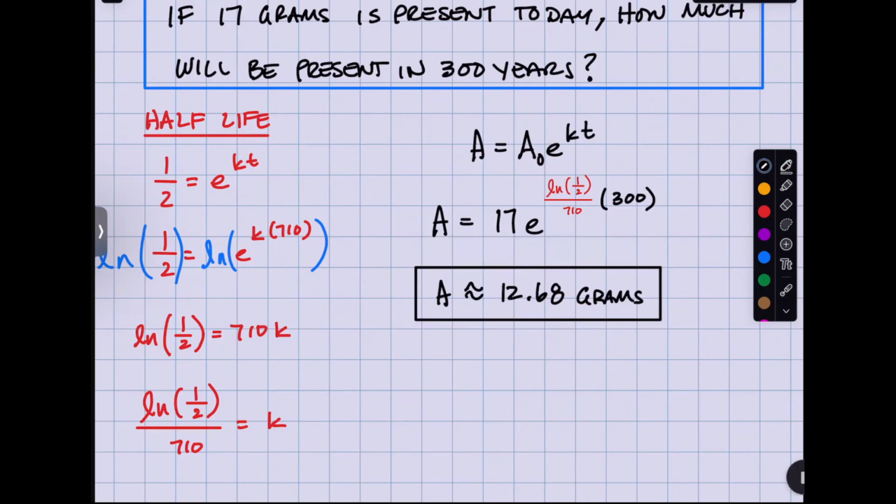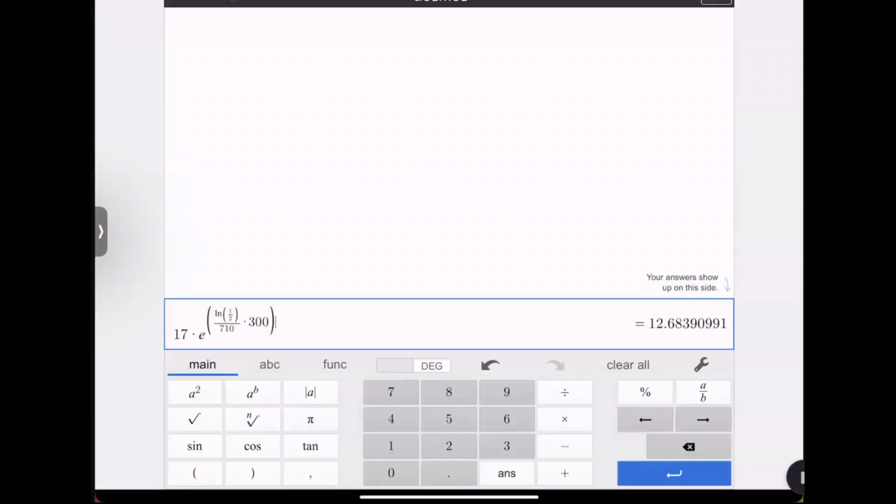Because this is what I love about Desmos. It looks exactly the way it was supposed to be entered.